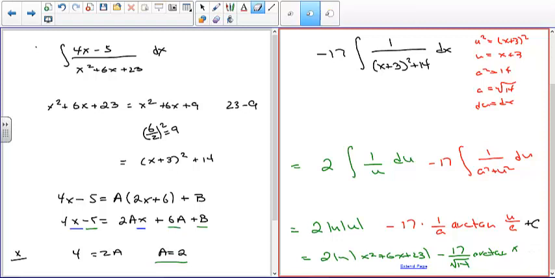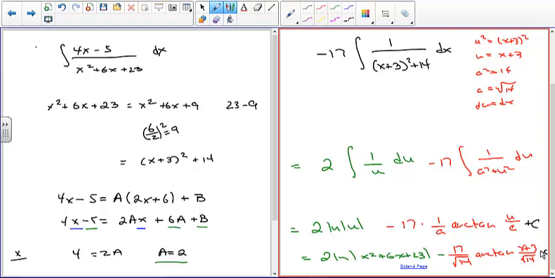Oh, I'm using green. I should be using red. Okay, so you get 17 divided by the square root of 14 times the arc tangent of x plus 3 divided by the square root of 14 plus c. And that's the answer.